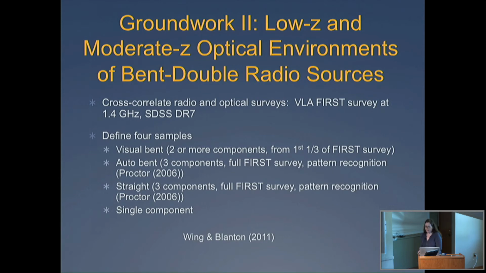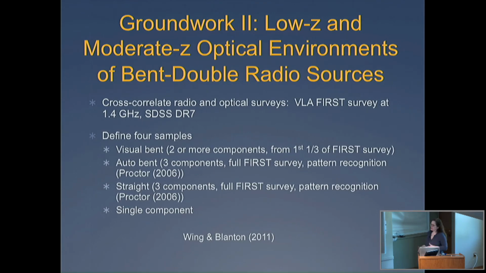Okay, and then another step in the process was to look at the low redshift environments in the optical. This is work by Josh Wing. The correlation here was done with sources from the VLA FIRST survey in the radio and the Sloan Digital Sky Survey. I originally started some of this work back when I was in graduate school and Sloan didn't exist, so I had to go out one by one and observe each field. I think I had a sample of 40.